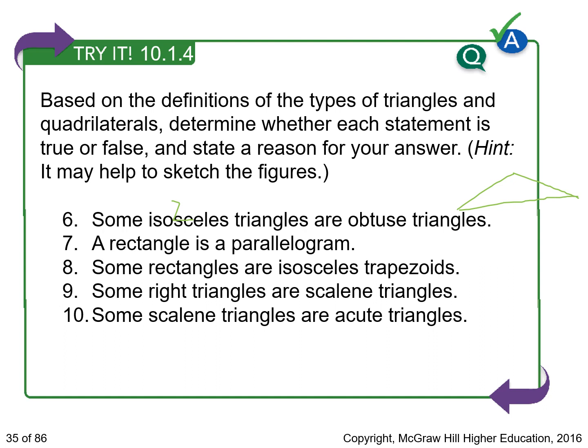Is a rectangle a parallelogram? Well, does a rectangle have 2 pairs of opposite sides that are parallel? Yes. Some rectangles are isosceles trapezoids? Not in our world. These were both yes. I drew them, but I didn't put yes. Can a right triangle be right and scalene?